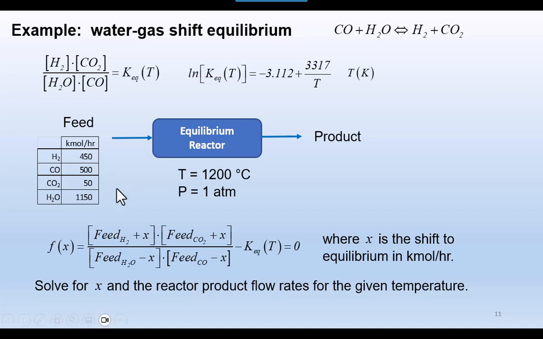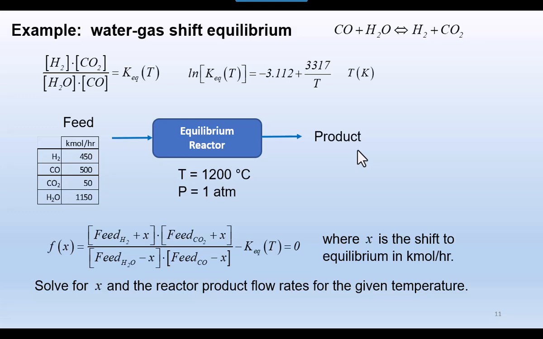The hydrogen increases by X, the carbon dioxide increases by X, the water decreases by X, and the carbon monoxide decreases by X. This gives us our conditions in the reactor for a given equilibrium constant, and we need to find X. Once we know X, we can use these expressions to describe our product rates.